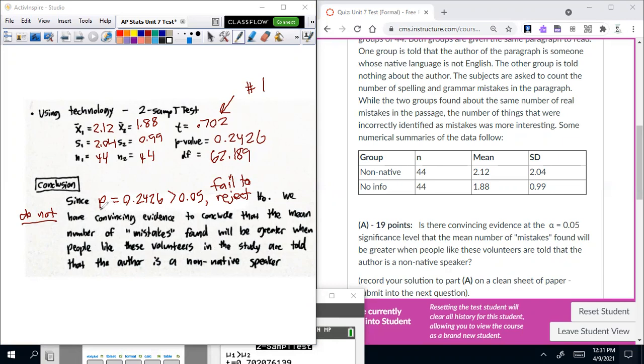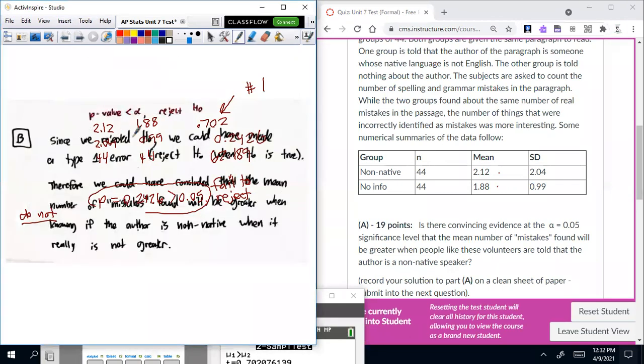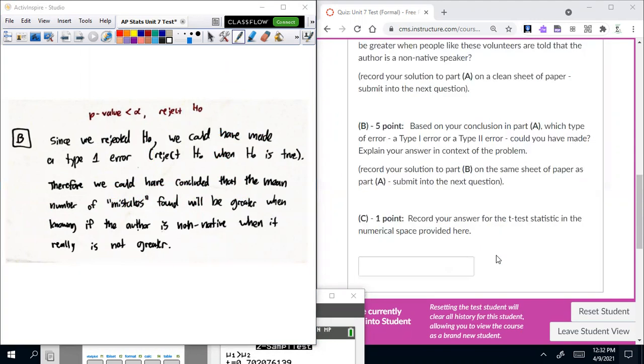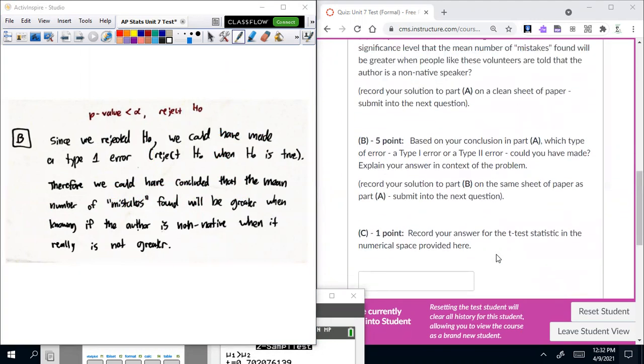So look at my p-value, right? It is a large p-value. I don't have significant evidence at that 5% level that this mean is greater than this mean. And how is that going to affect my second part? Well, there are 2 routes, when it says based off your conclusion, which type of error could you make?